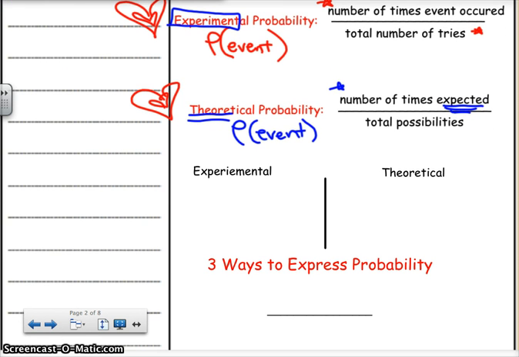So experimental, you are doing something. Tossing a coin can be experimental or theoretical. It all depends. But doing something like tossing a coin, drawing a card, again, that could be theoretical too.